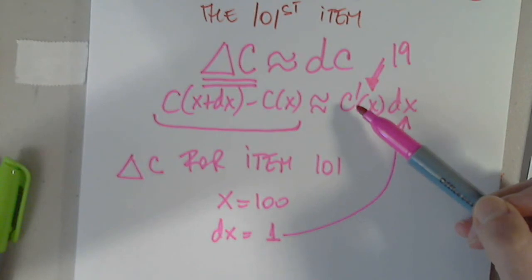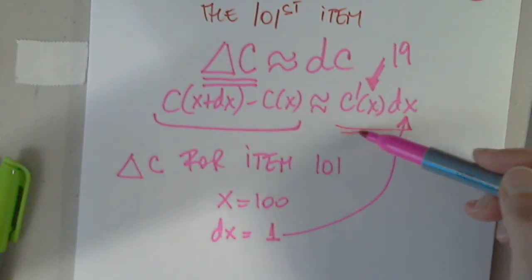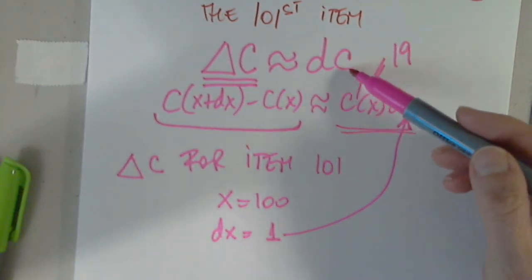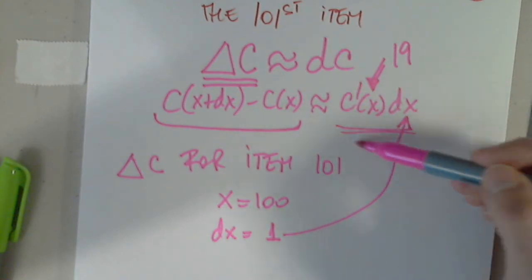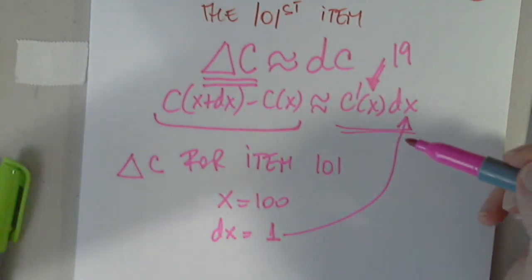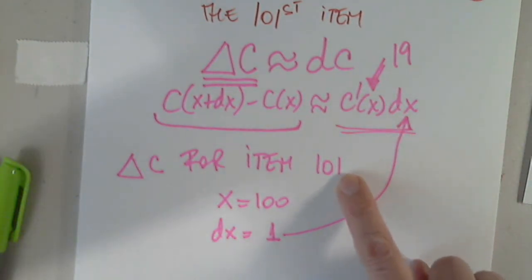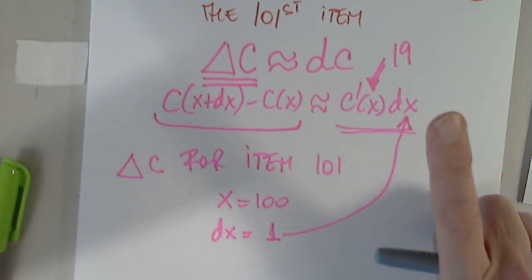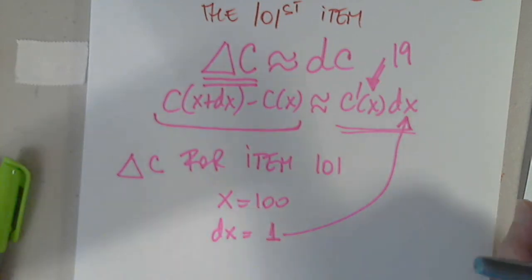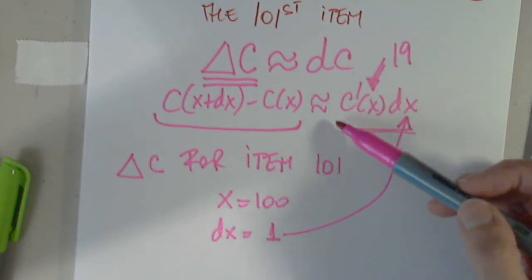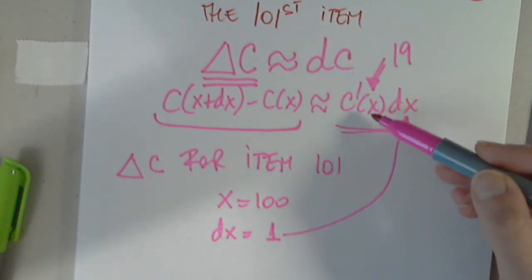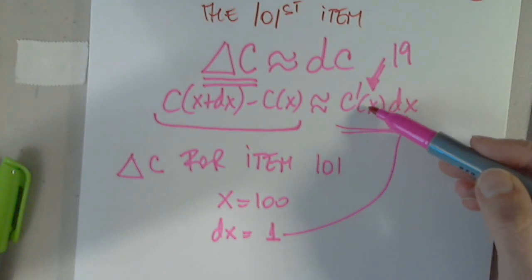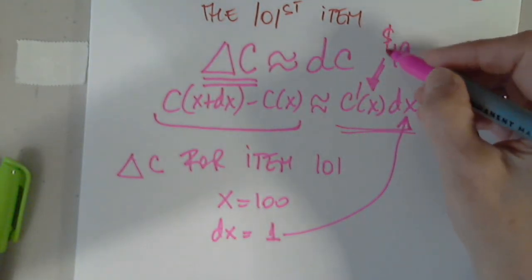Difference in the cost. This is DC, the differential. The error is 1. We're not manufacturing 100, but we're manufacturing 101, but it's not an error this time. We just want to go one more unit. So we determine this because dx is 1 and we calculated C prime of 100, which was 19 per unit.